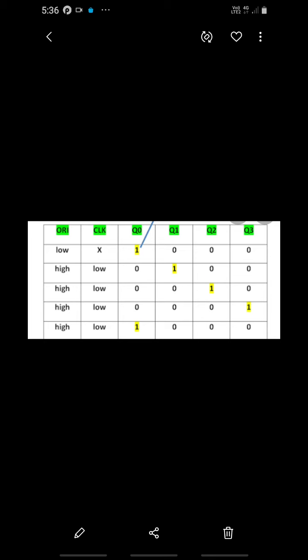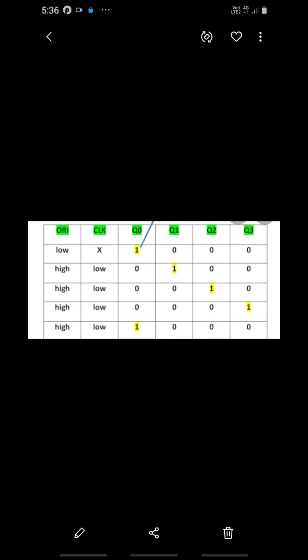The other bits shift one position, therefore the output word becomes Q equal to 0 1 0 0. And the second negative clock edge causes another rotate right and the output word changes to Q equal to 0 0 1 0.